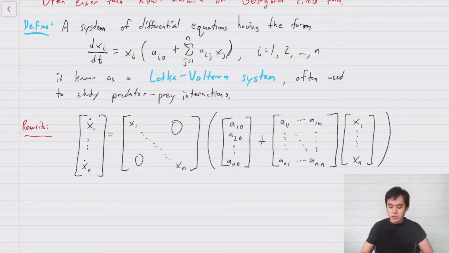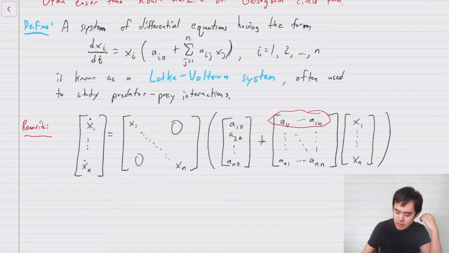Okay, so what you'll notice is that if you take a look at each of the rows here, this top row is the summation, this times this, which is going to give you this term here.